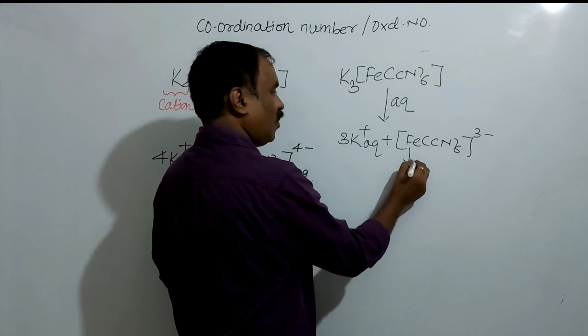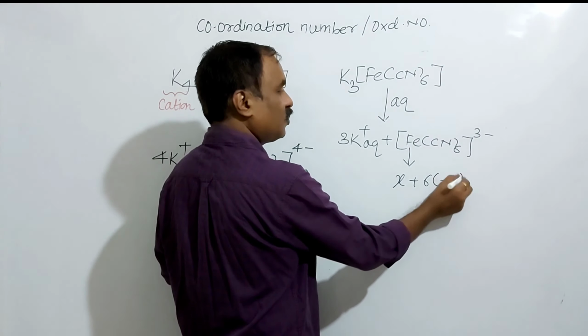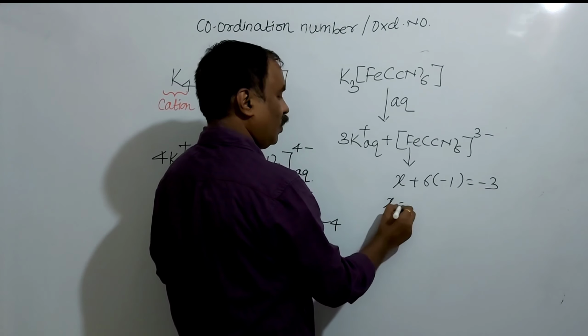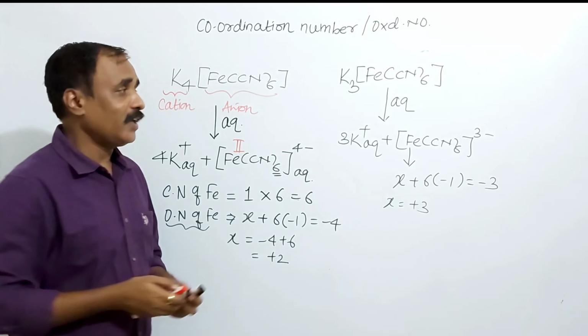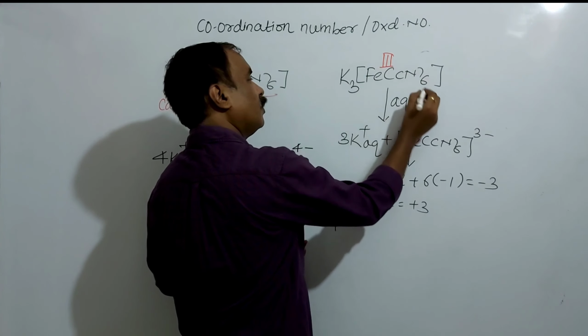Consider the oxidation number of iron is X. 6 into -1, because CN carries -1, equal to -3. Therefore X equals +3. The oxidation number of iron in potassium ferricyanide here is +3. Isn't it?